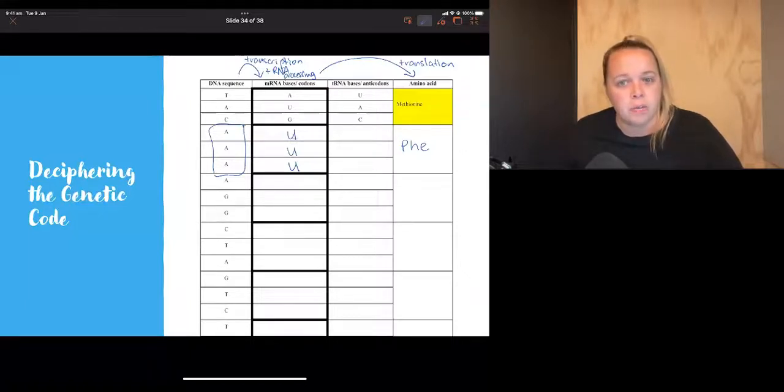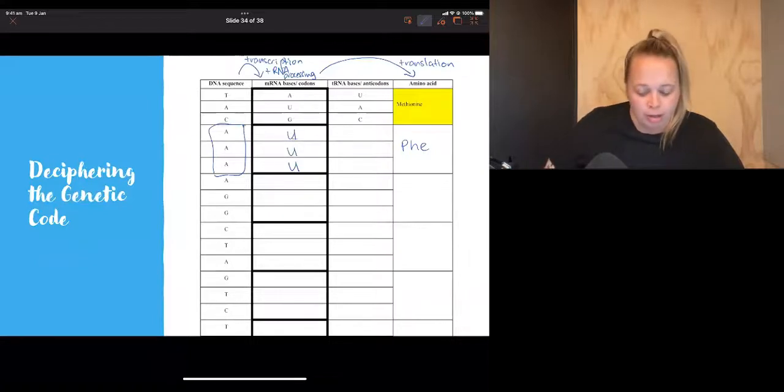Now, corresponding to this, there is also an anticodon. It's rare that they've asked about it, but not impossible that they ask about them. So the anticodon is actually the complementary sequence to the mRNA codon.